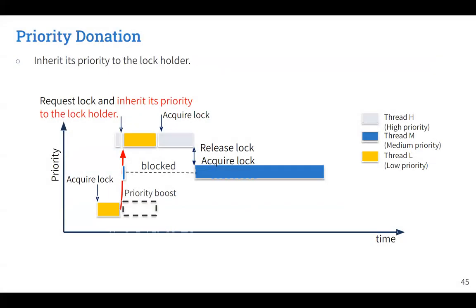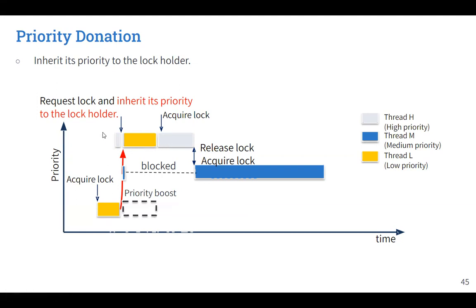In order to avoid this, you should implement what's called priority donation. So when the highest priority thread runs and asks for a lock held by the lower priority thread, it should also donate its priority to the lock holder.